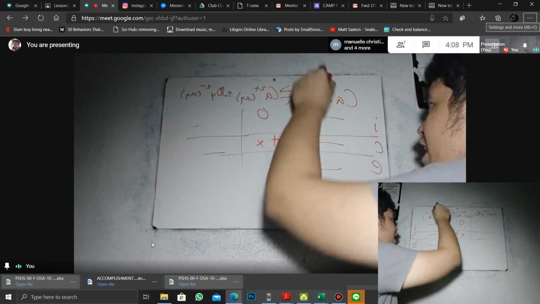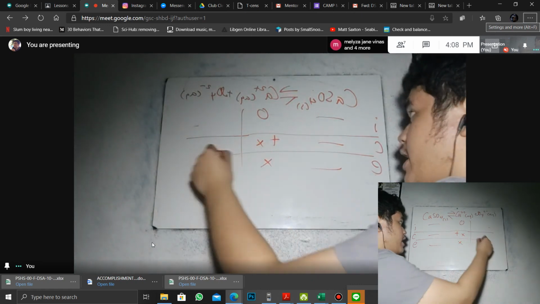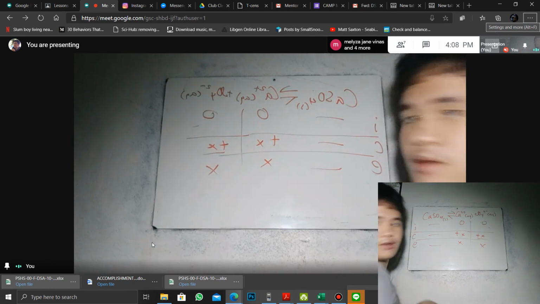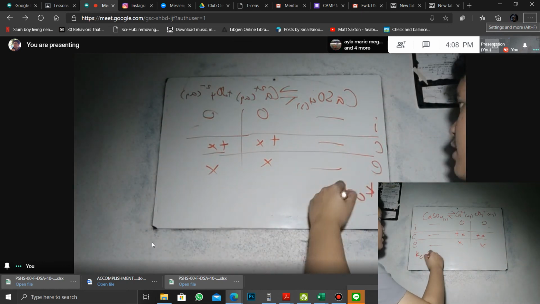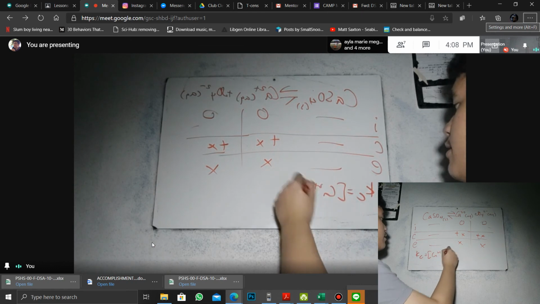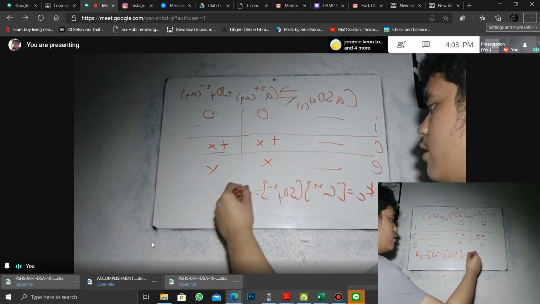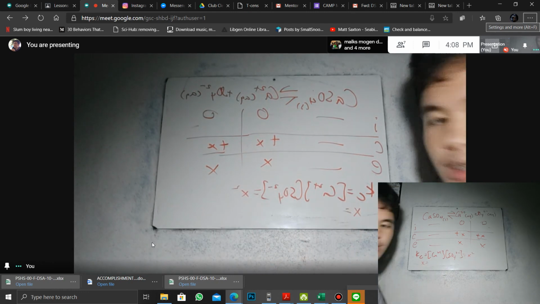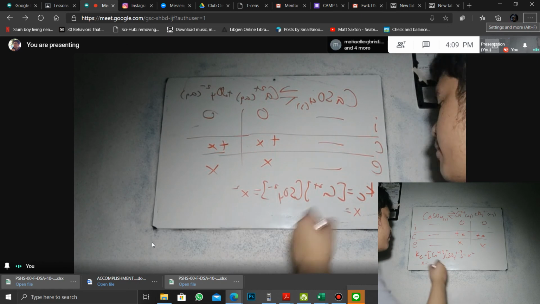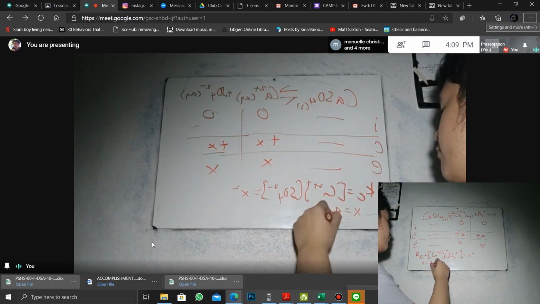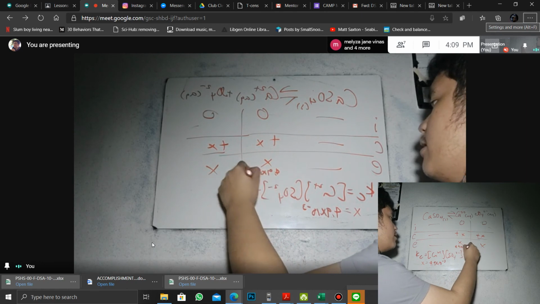Dahil naglagay tayo na solid, dapat papunta sa right. Okay? X. Simple lang yan, kasi Kc equals Ca2+ times SO4 2- equals x squared. So, x equals 4.9 times 10 to the negative 3. Yan na. That's for letter A. 4.9 times 10 to the negative 3 molar.